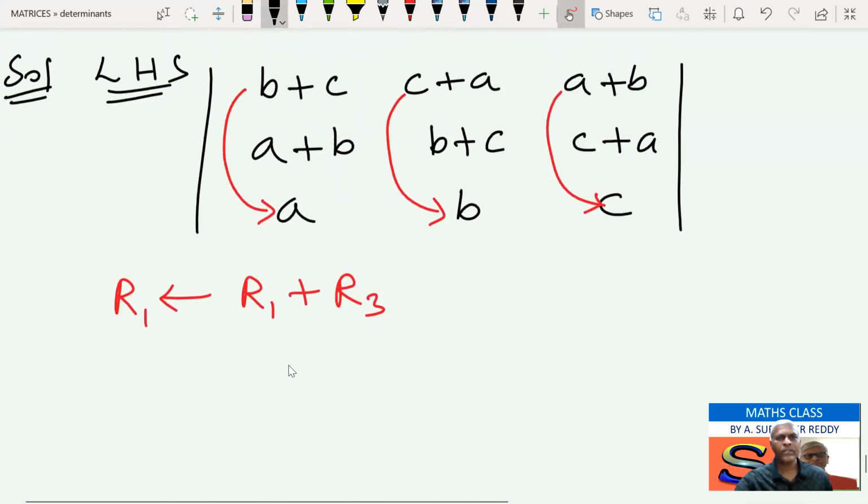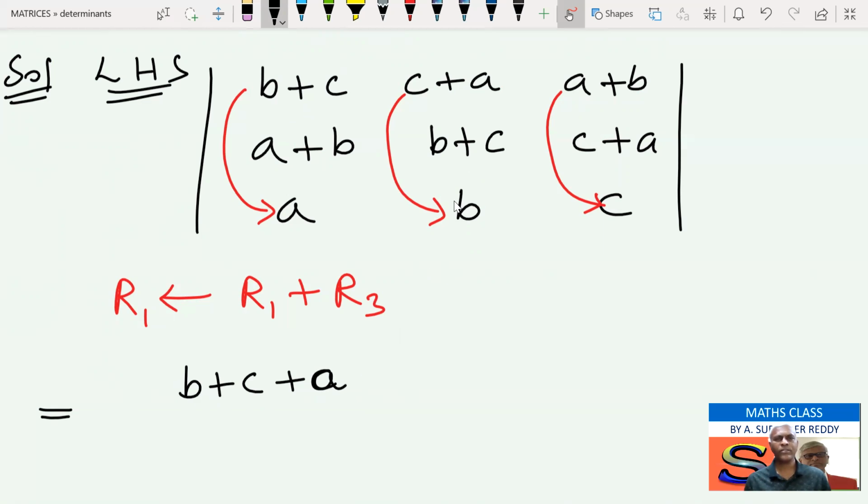So using this transformation, the first row becomes B plus C plus A, R1 plus R3.